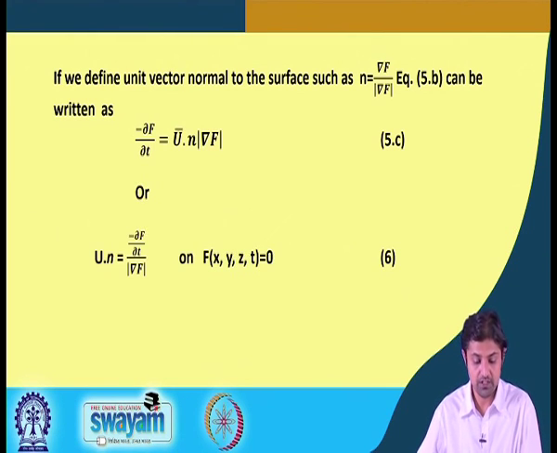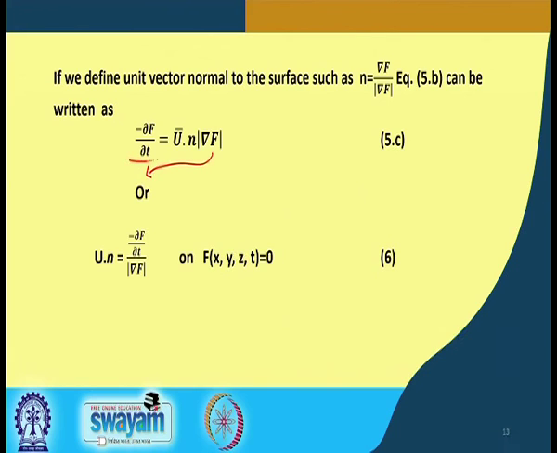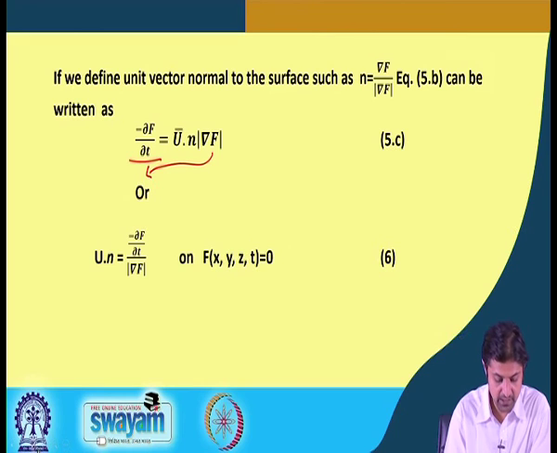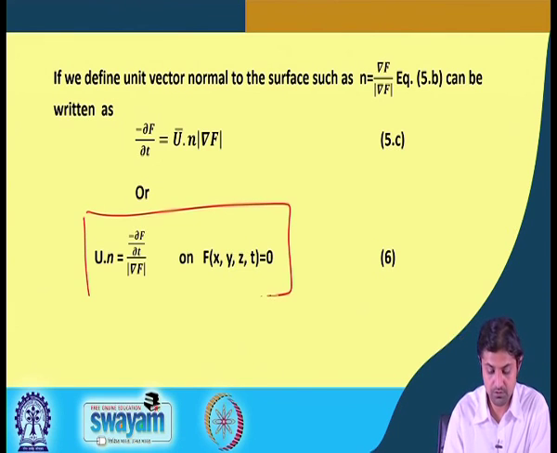Or we can write u·n by bringing this to the denominator, so we get u·n = −(∂f/∂t)/|∇f| on f(x, y, z, t) = 0.